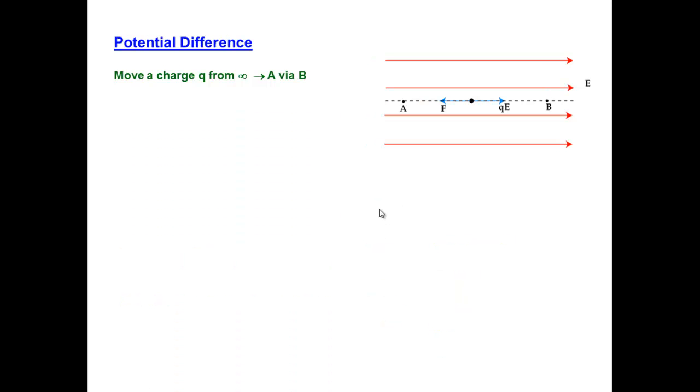So now what if we want to move a charge between 2 points, B and A? We know that the electric potential at point A, we've already written down that it's equal to minus this integral from infinity to A of E dot dl. And let's imagine moving the charge from infinity to A, but going through a point B along the way.